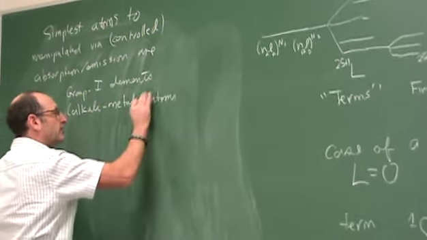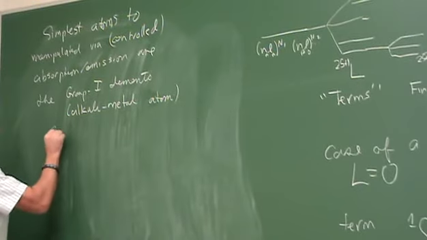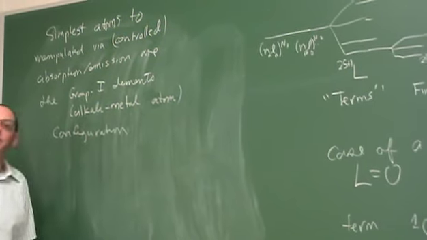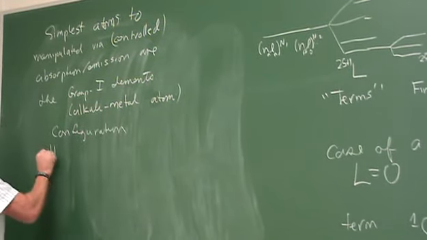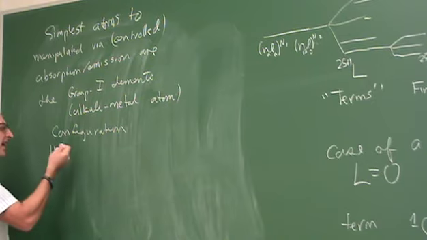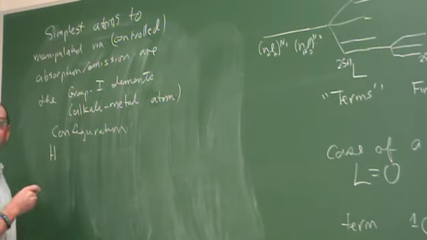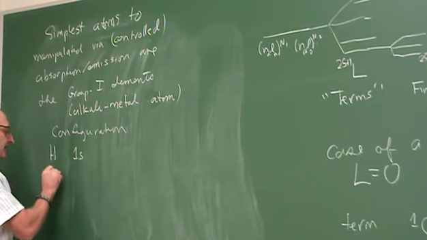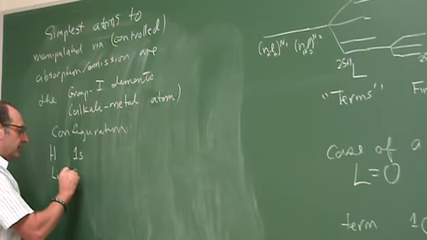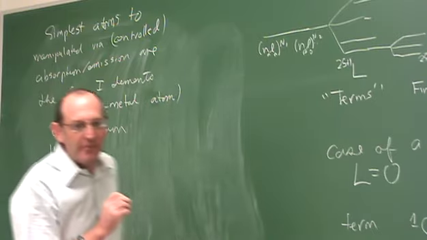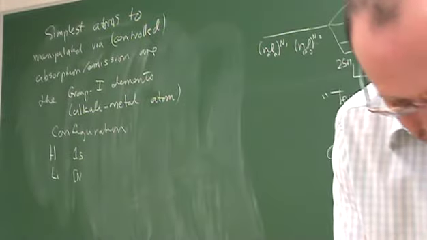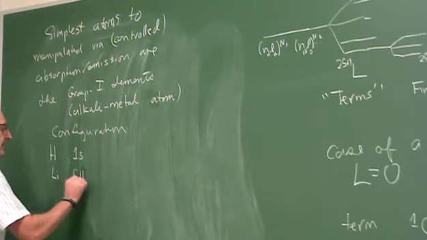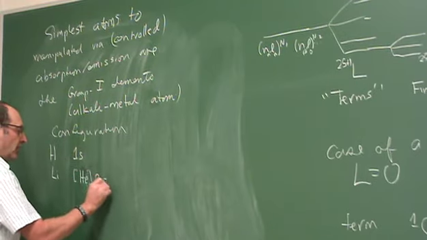So they have simple configurations. Their configurations are very similar to hydrogen. Of course, hydrogen is a group 1 element, not quite an alkali metal, but still group 1. Its configuration is 1s. Then we have lithium, which has the helium core and then a 2s electron.